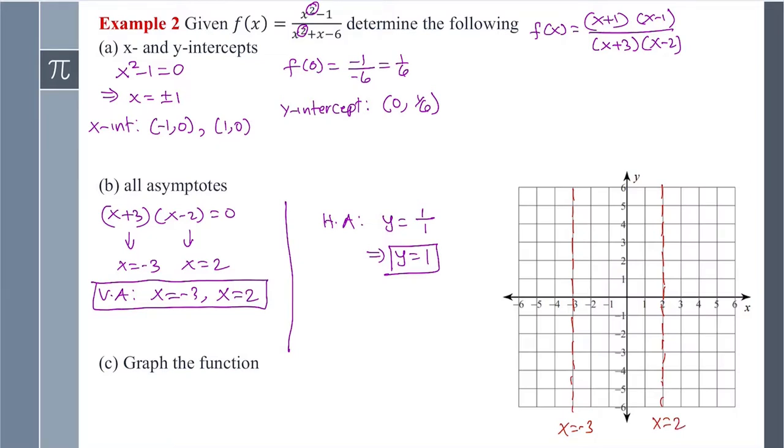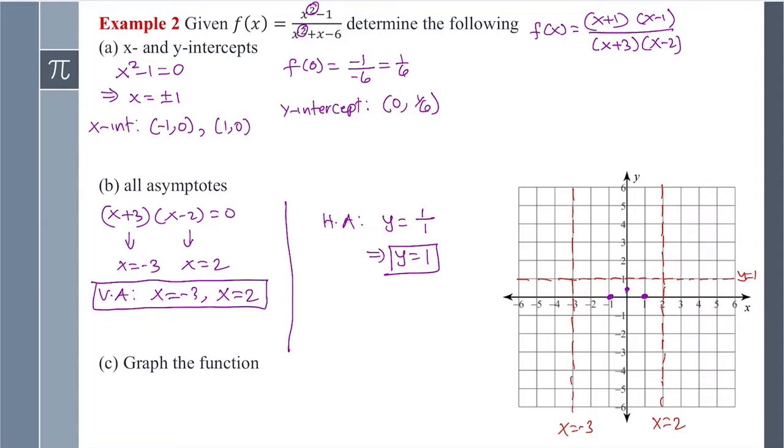Then we have a horizontal asymptote of y equals 1, which is this line right here. And then let's go ahead and put in our x and y intercepts. The x-intercepts are negative 1 and 1. The y-intercept is 1/6, which is somewhere here.